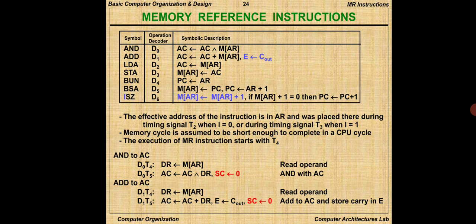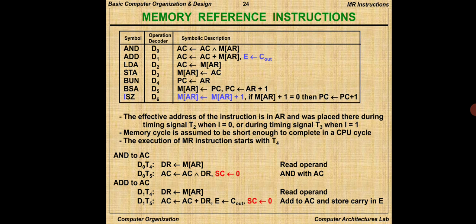Memory reference instructions use only bits D0 to D6; I will not be considering the D7 bit. So D0 to D6 means D0, D1, D2, D3, D4, D5, D6. What instructions do we have for these? AND operation, when D0 is activated, add, load the accumulator, store the accumulator.